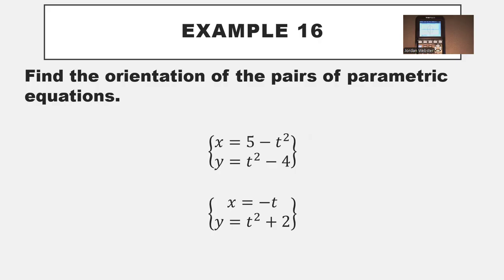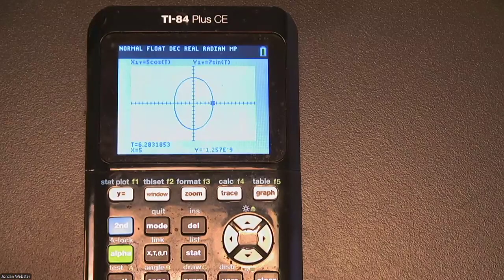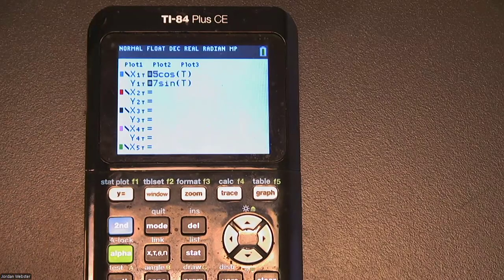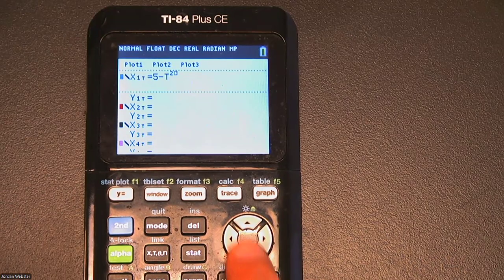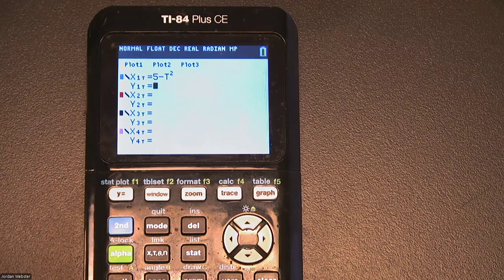Now, this one you have to be a little bit careful about. I'll show you what's going to happen in a moment. I've written them down on the board. The first pair is x equals 5 minus t squared and y equals t squared minus 4.